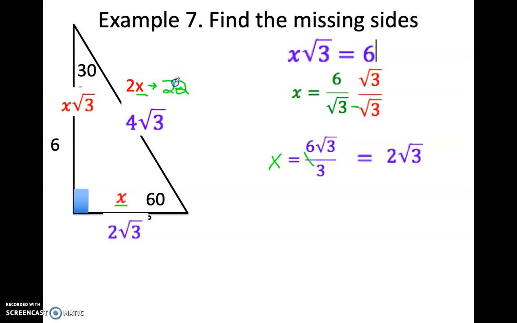So let me put a little parentheses there. That's very nicely done by me. So we have 2 times 2 is, that's where the 4 is coming from right there. 2 times 2 is 4. Leave the square root of 3 alone. We have our answer. No decimals, exact answers, and that's the whole point.